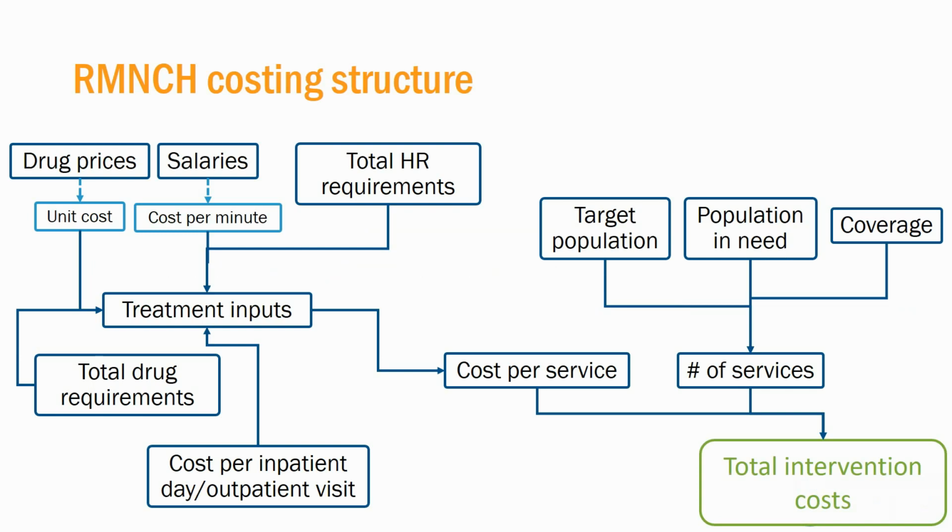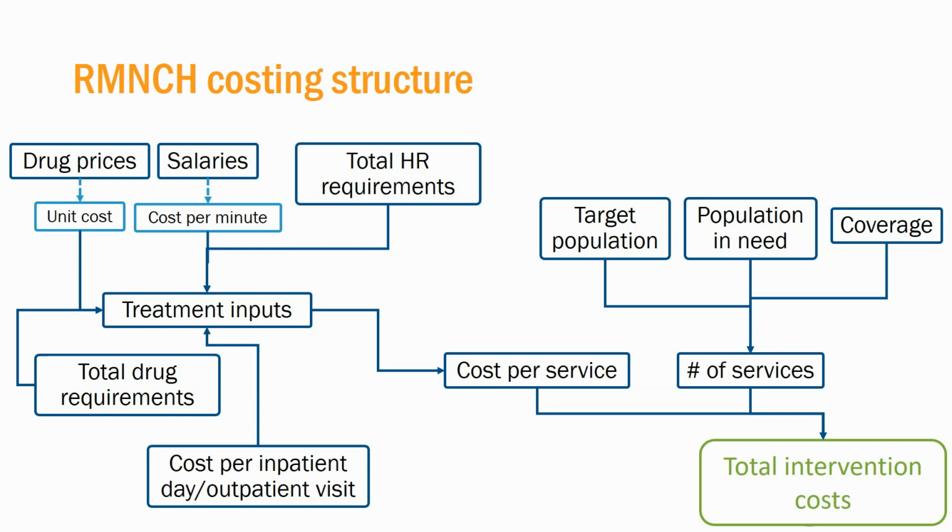And just as a brief overview of how LiST operates overall for this calculation, starting from the left, we use inputs about drug prices and salaries to break that down into unit costs. Unit cost means how much it costs to deliver one instance of the service, or cost per minute in the case of human resources requirements.